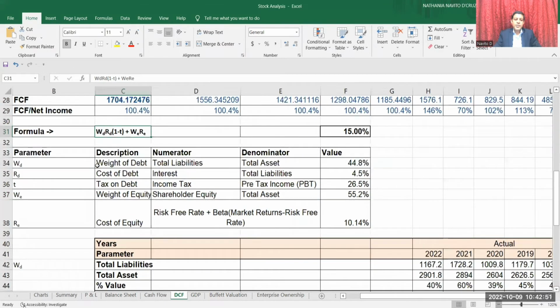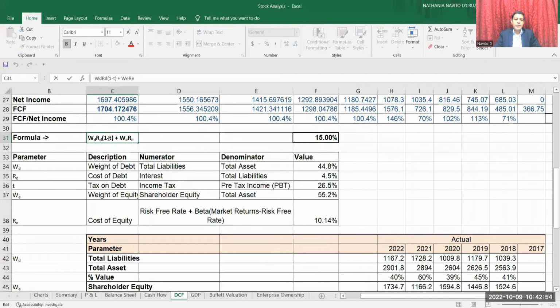To understand this, the first part of the formula, which is WD times RD, relies on the debt of the company. It signifies the weighted average debt of the company and then multiplies that with the cost of debt for the company. And then the second part of the formula is for the equity portion. So if the debt is, say, 40%, then the equity obviously is 60%.